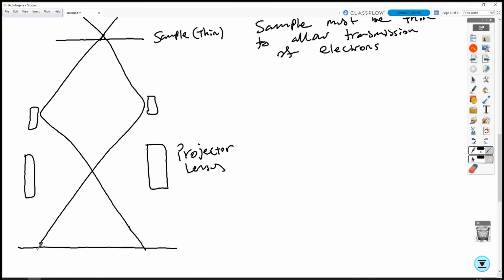Now, some electrons are going to be absorbed. It's inevitable. But not all electrons are. So that will produce light and dark spots in the image.